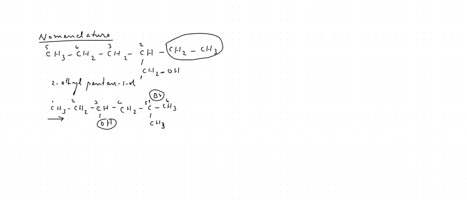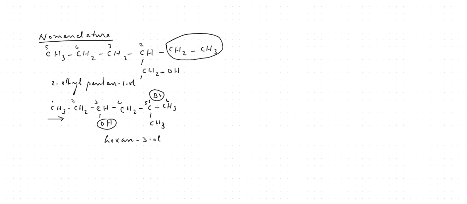Therefore, as the hydroxyl group is given the most preference, we have to start naming like that. First of all, the parent hydrocarbon is hexane. In the third carbon, the alcoholic group is there: 3-ol, hexane 3-ol.